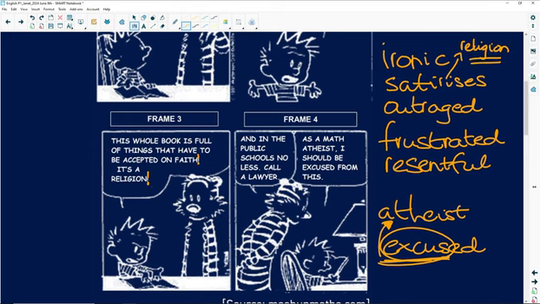And so he is mocking. He mocks Calvin by pretending to believe him and take him seriously. And then he satirizes him by saying, call a lawyer. So he's saying that what is being done to Calvin is criminal, and he should call his lawyer.